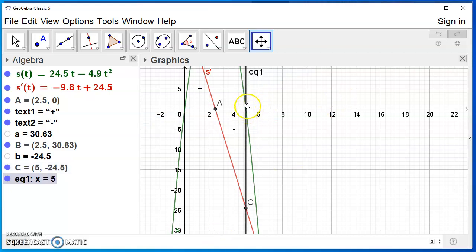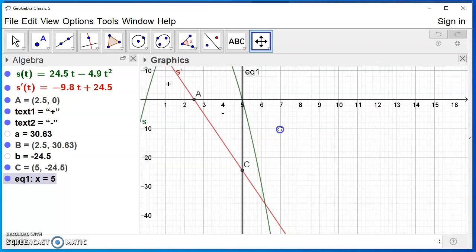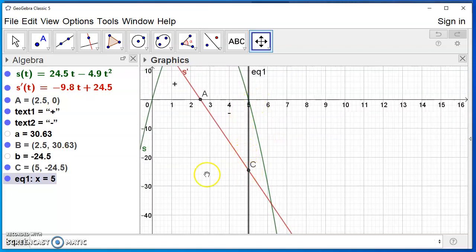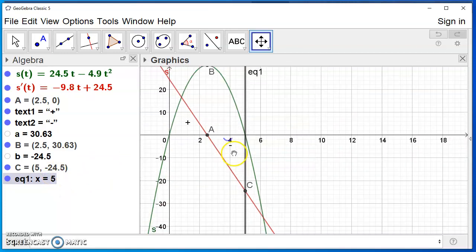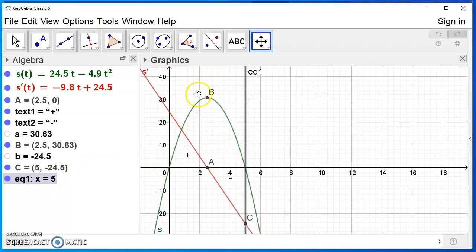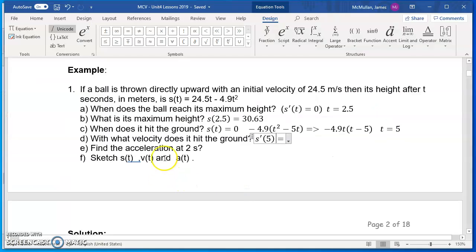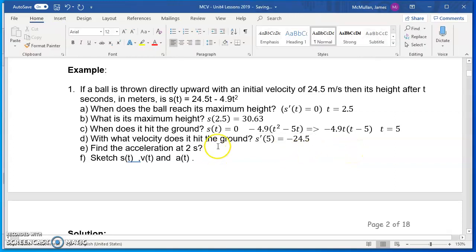It hits the ground at 5 seconds, and you can see the speed at this time is negative 24.5, which is the same speed that it was launched with because of the way this works. So I'm going to say negative 24.5, and the negative just means it's pointed downward.